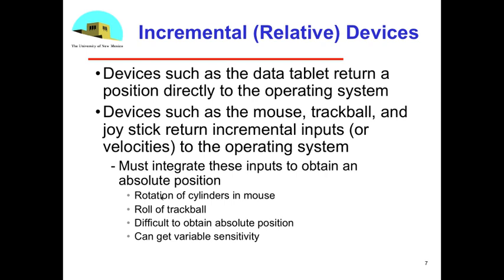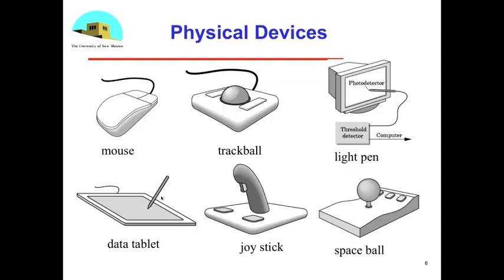And if you integrate the velocity, you get position. So, for example, let's look at a joystick. If you push the joystick and look at what's coming out of that as a velocity in the x direction and a velocity in the y direction, the harder you push it, the further you push it, the greater the velocity is.